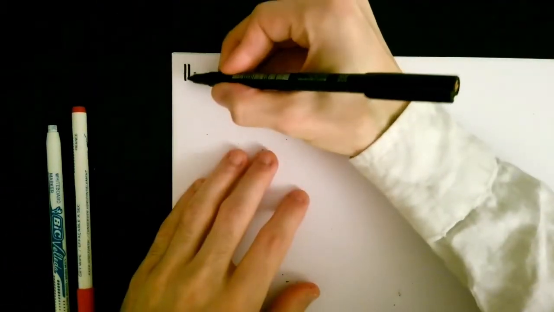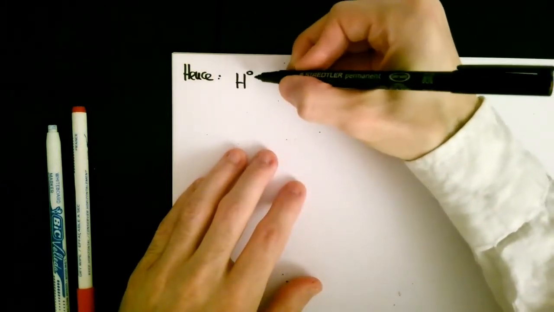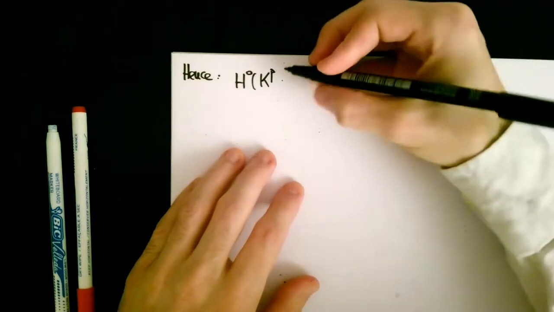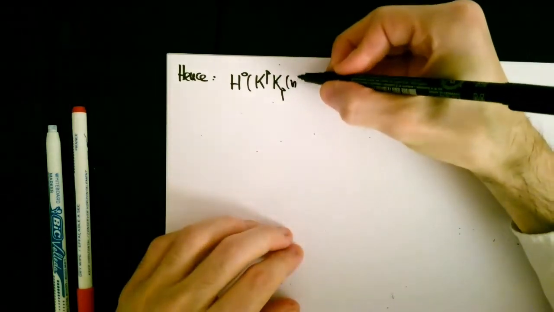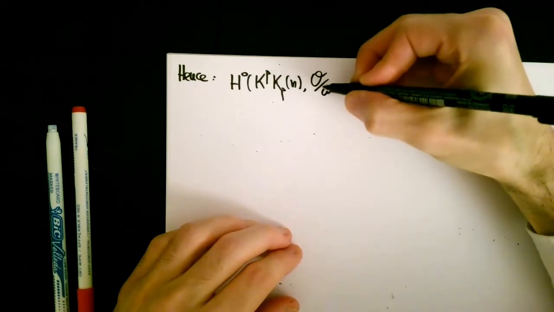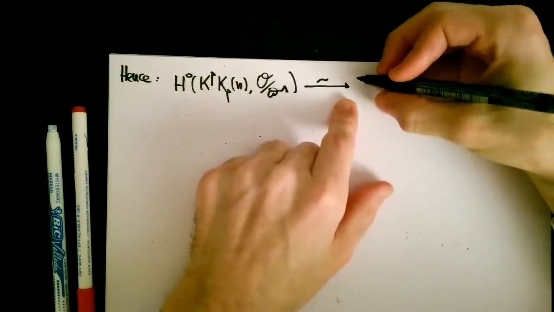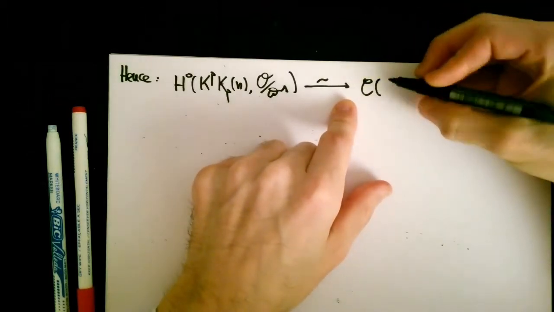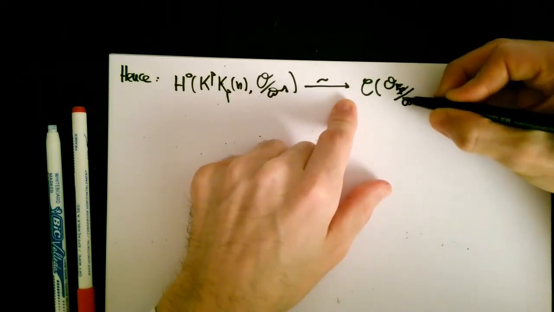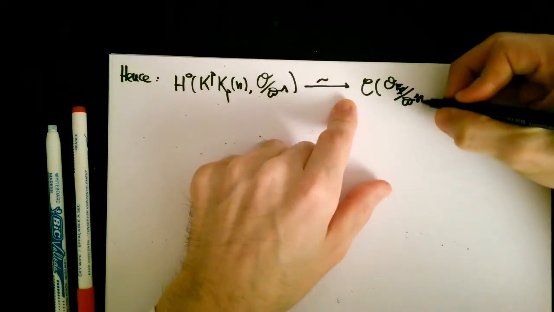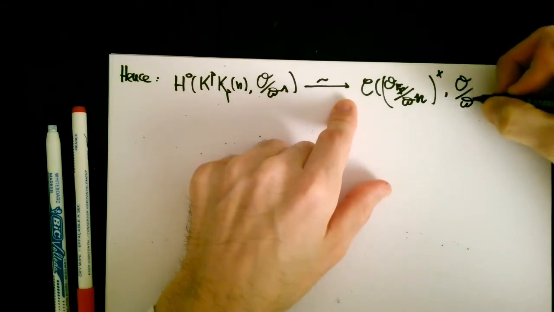Hence we have that the H0 of K^p, K_p, level n, with O/π^s coefficients, by what I have just said, is isomorphic to the space of functions over O_{F,p} mod π^n, star, with coefficients in O mod π^s.